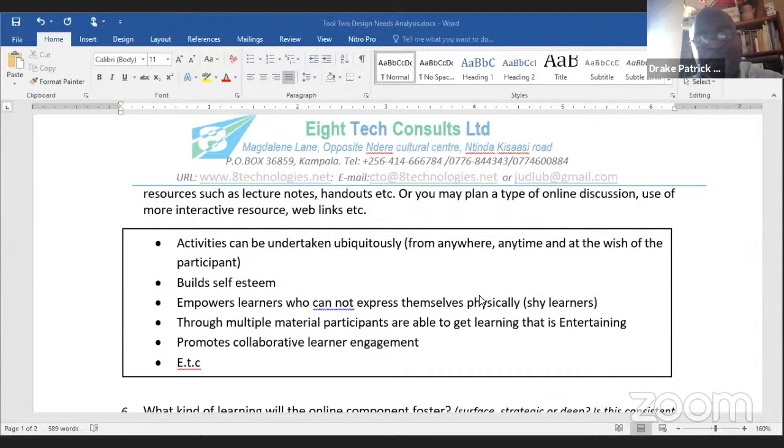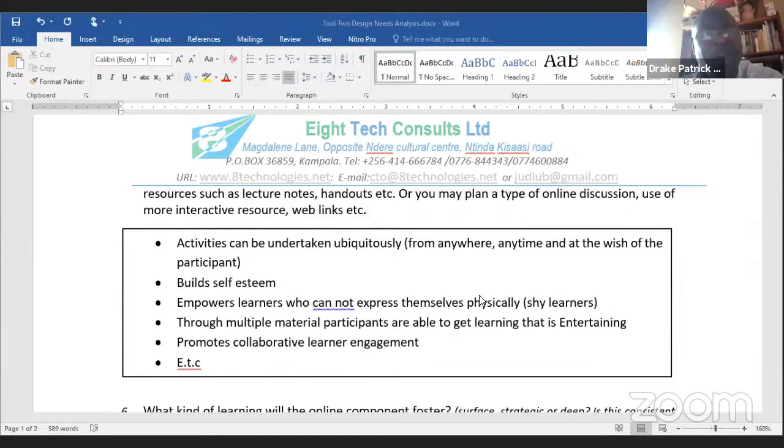So the learners have the freedom of arrangement, the freedom of management of their time and level of interaction. If someone wants to do research past midnight, there's no problem. If someone wants to hold a conversation with a colleague during lunch break, there's no problem. So those activities, they have that freedom.